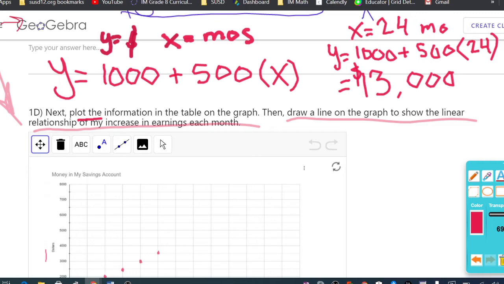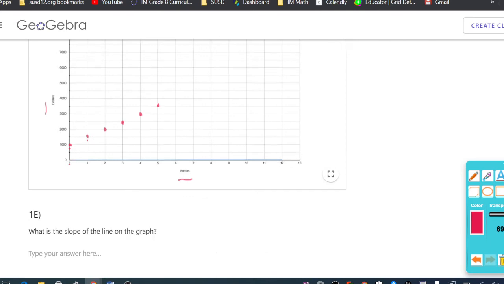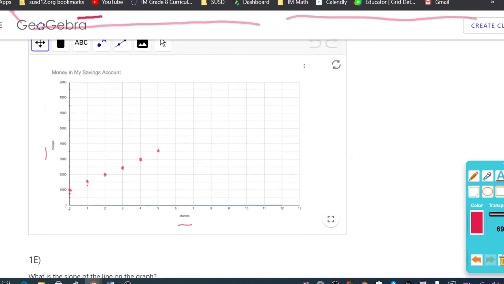So 500 times 10 is 5,000. Plus 1,000 is 6,000. At 10 months, I had $6,000 in my bank account. Great, I'm getting rich. And then draw a line starting from month 0 to your final month, 12,000.